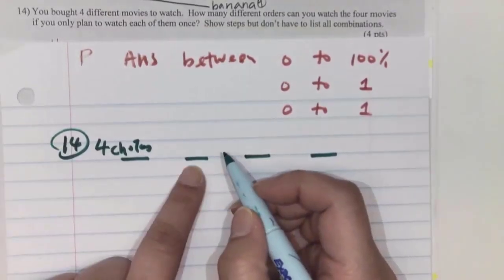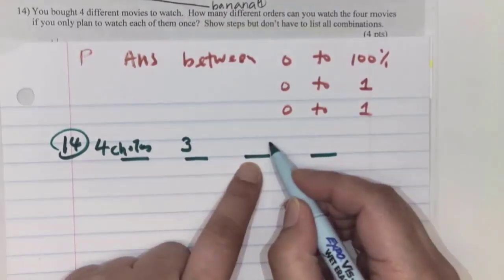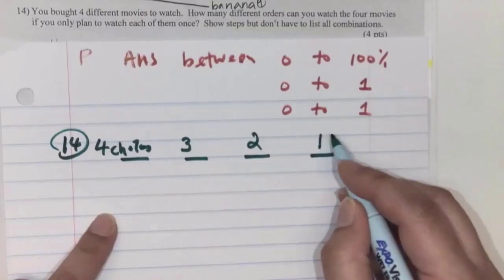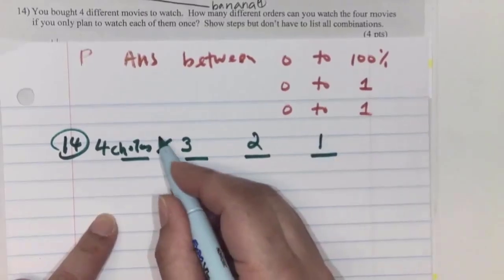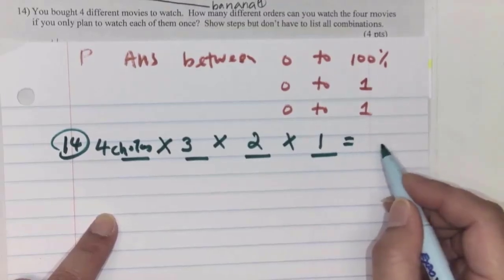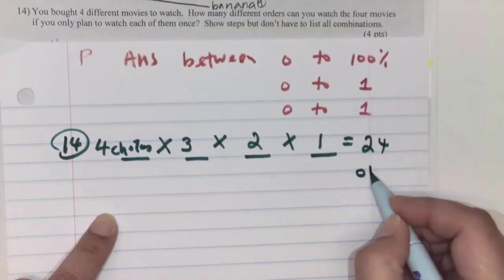So when I watch the second movie, how many choices do I have? 3, and then next we have 2, and finally we only have 1 choice, right? And to find the total order, we just multiply them, and all together we will have how many orders? 24 different orders.